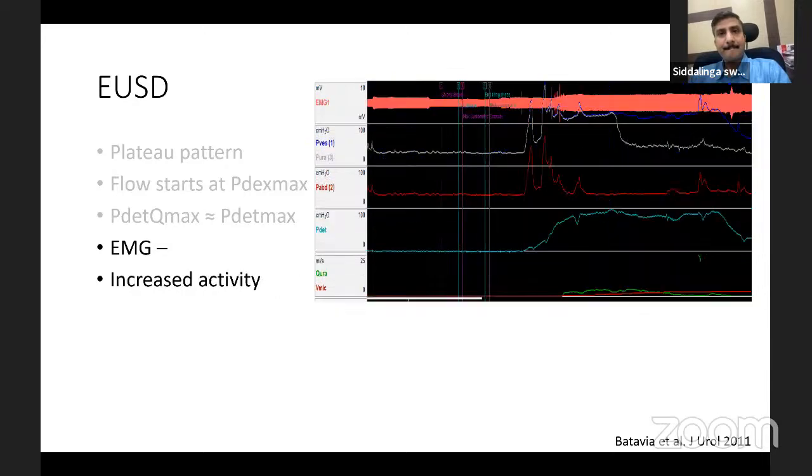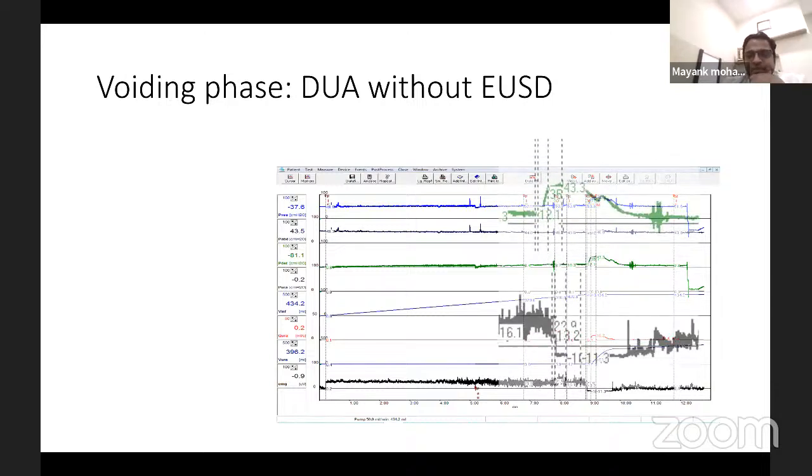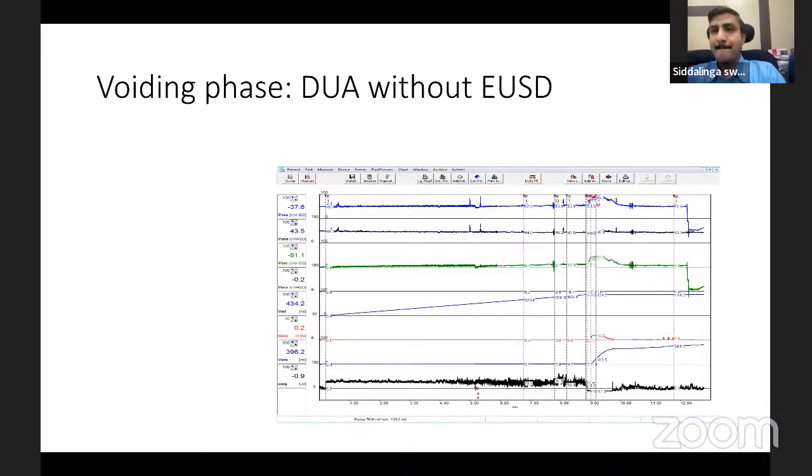but they have this obstruction. Now, many times the detrusor underactivity can happen even without sphincter dysfunction, like in patients of diabetic cystopathy, or many young patients, or chronic obstructive uropathy, which has ultimately led to chronic retention. Sometimes you will find the bladder is not squeezing properly. But in these patients, like in this case, you can see it is a bell-shaped pattern.